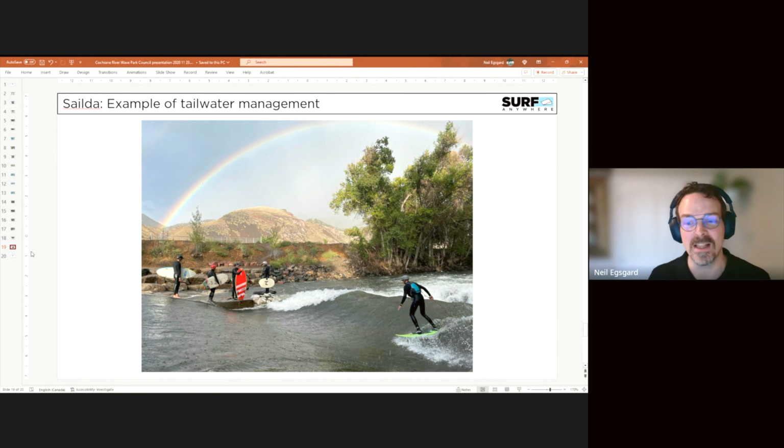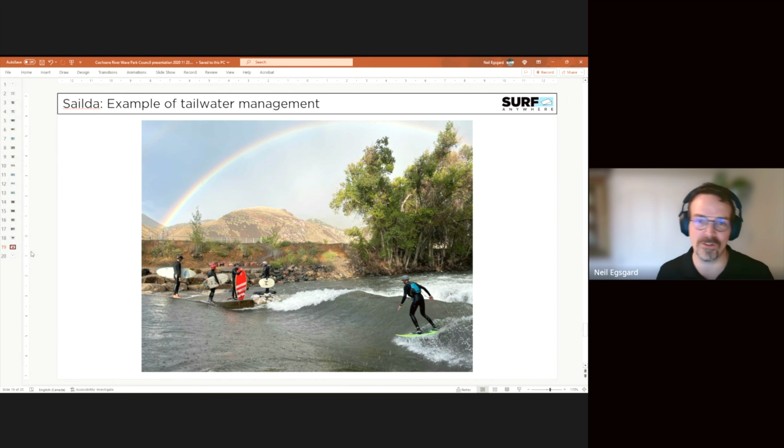The problem is the information is so niche, so very specific, that most river engineers don't have any experience with it and don't know anything about it. So what we're trying to do is provide the information to make it easier for the engineers to design good waves, to do their job and be successful.